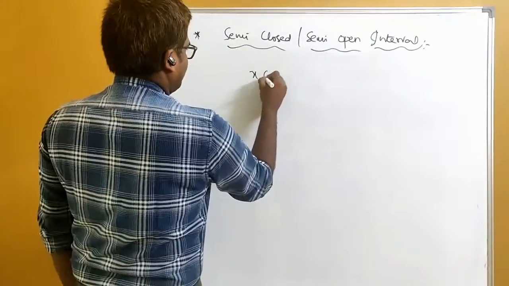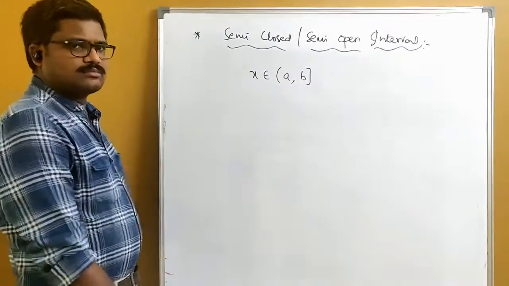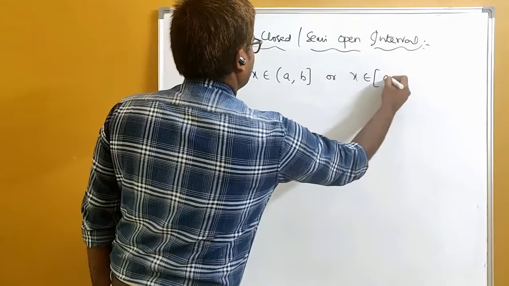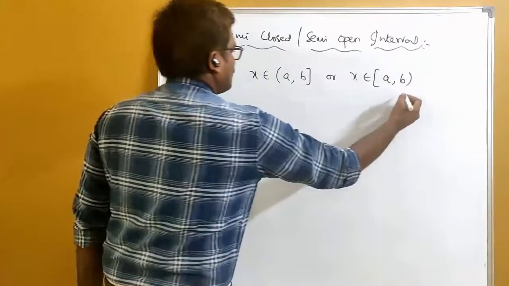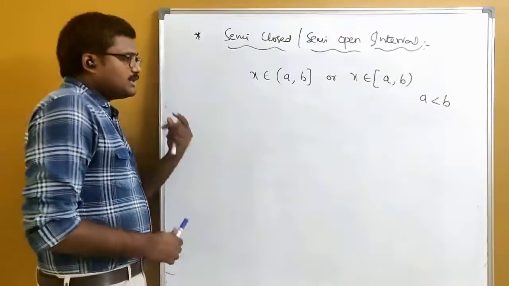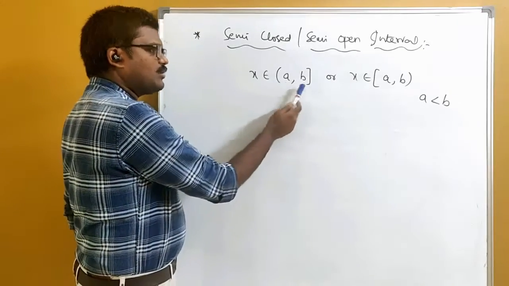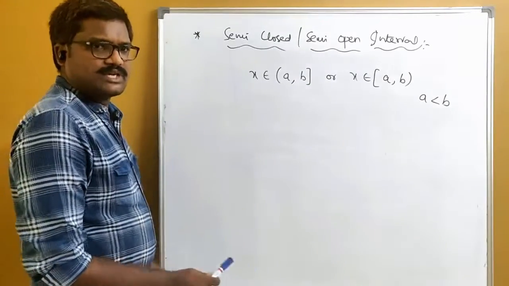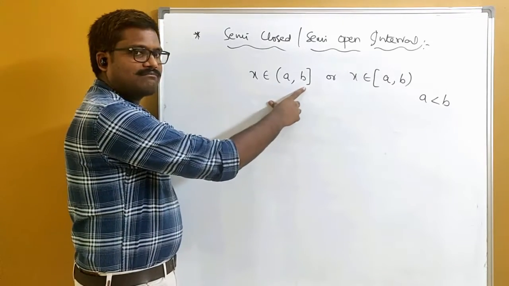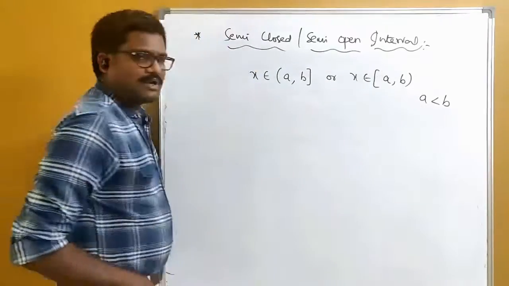For example, if I take x belongs to open interval A, closed interval B, or x belongs to closed A, open B. I am taking two examples, A less than B. So it need not be sure that every time you get closed intervals or only open intervals at both the extremes. See here, at A you have open interval, at B you have closed interval. Similarly here you have closed interval at A, open interval at B.